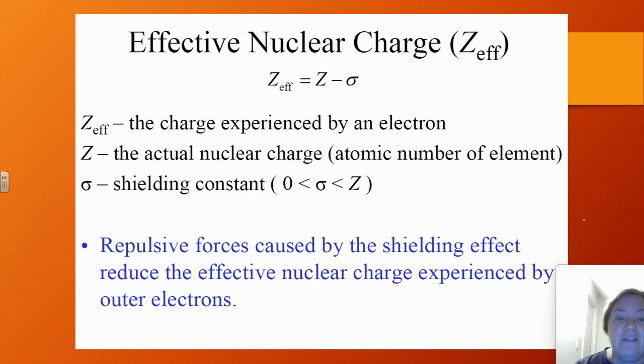So when you have greater shielding, those outer electrons, or the valence electrons, are going to have a lesser effective nuclear charge. When you have electrons that are closer to the nucleus, those electrons have a greater effective nuclear charge.